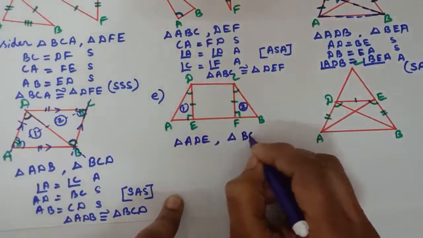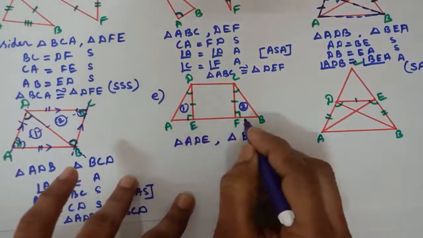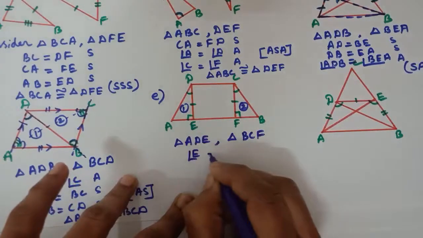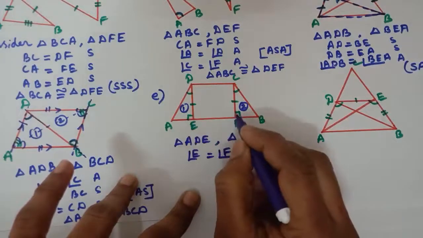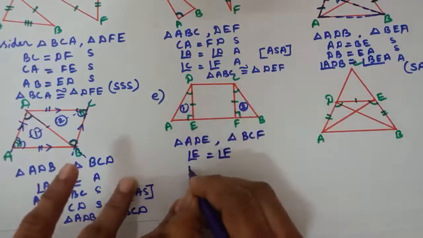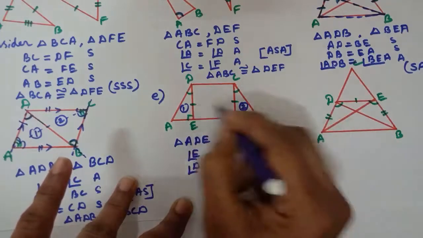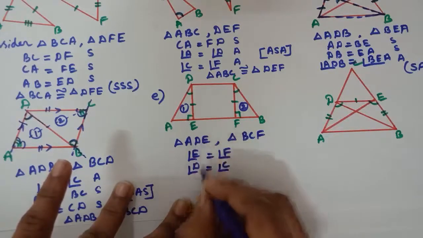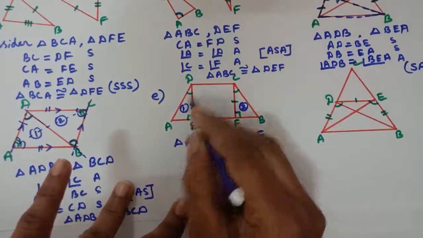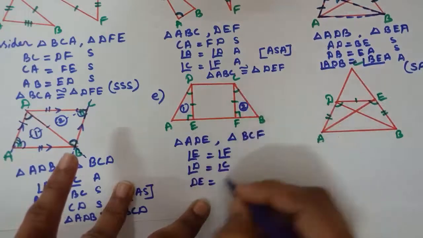So here students listen, angle E equal to angle F, because given in the question angle E equal to angle F. Then angle D equal to angle C. This is also given. Then this side is equal to this side. So DE is equal to CF.